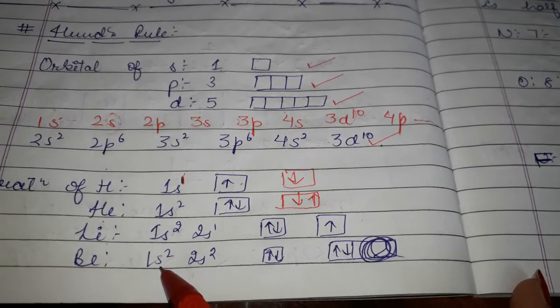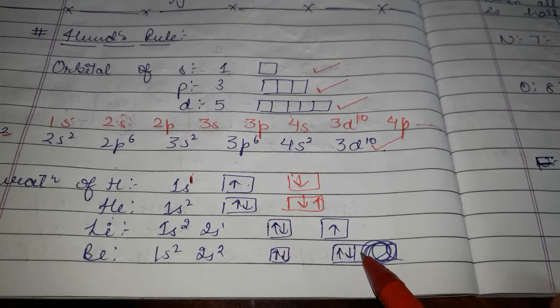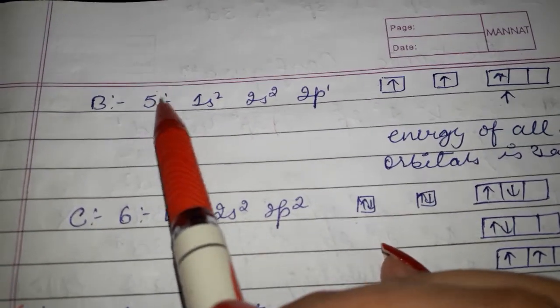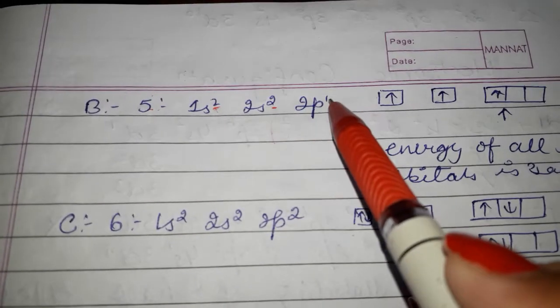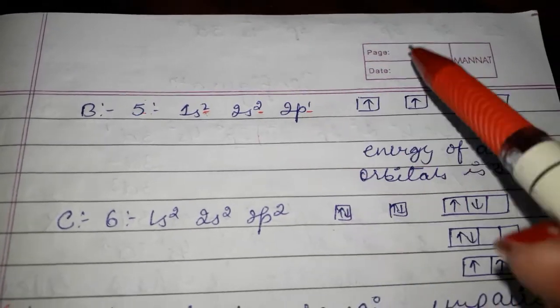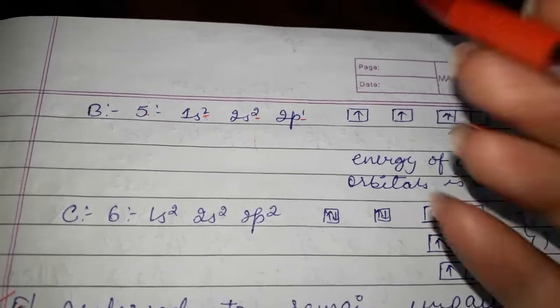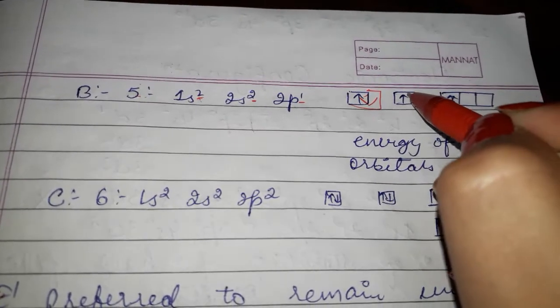1s2 2s2, 4 electrons we have to fill, 2 here and 2 here. For boron, boron has atomic number 5, 5 electrons, so 2 electrons here, 2 electrons here, and 1 will go to the p. 1s2 2s2.